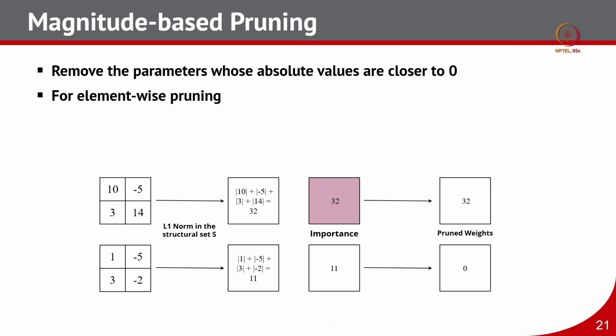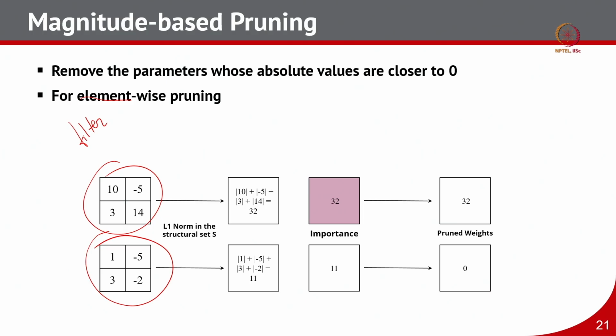Again, let us say we are doing filter based pruning. Sorry, the previous one was element wise pruning, and this is filter wise pruning. Let us say we have two filters: 10, minus 5, 3, 14 and 1, minus 5, 3, and minus 2.